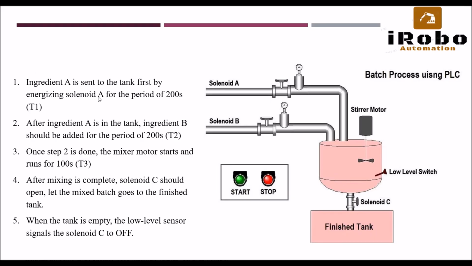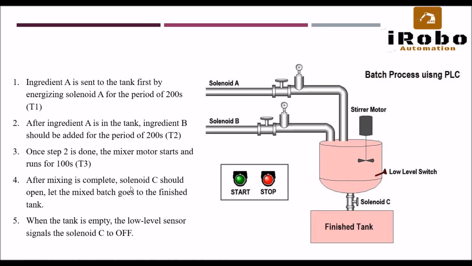First, solenoid A will turn on and start filling ingredient A for 200 seconds. Next, after ingredient A is in the tank, ingredient B starts filling. That means by opening solenoid B, ingredient B will start filling, that is for 200 seconds, that is T2. Once ingredients A and B are both completed, the steering motor is going to turn on for 100 seconds.